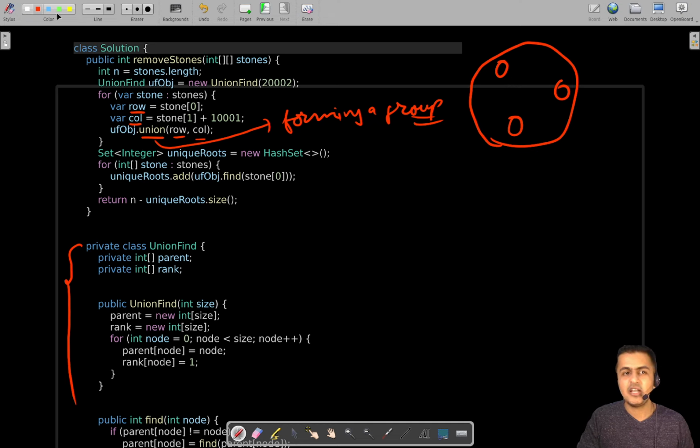Just like it happens in elections of a particular region. Let's say this is region 1 or group 1, so it selects its representative to represent the whole group.